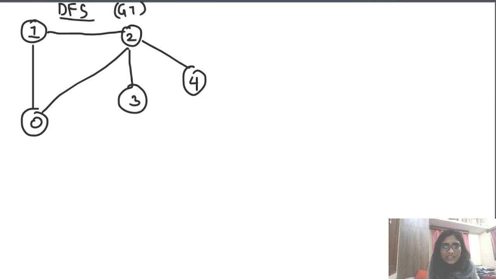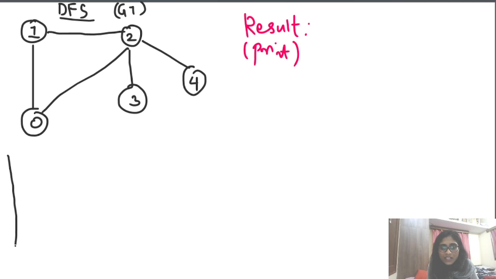So let me just write the result. Okay, this is what the result is. It will be printed on the screen, right? I want you to carefully listen. And this time we will be using the concept of stack. We will not use the concept of queue, but we will be using a stack, right? So I have drawn a stack.